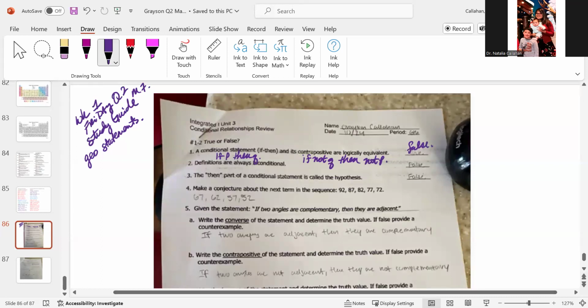Well, that's okay. Did you ask AI if it's true? See, good question. Is a conditional statement logically equivalent to its contrapositive?